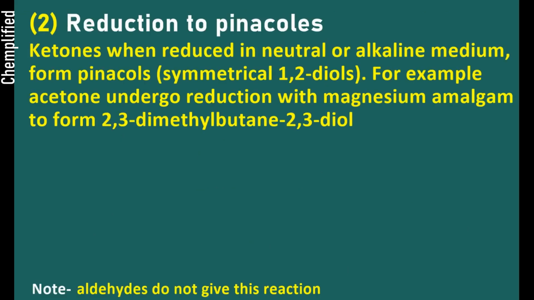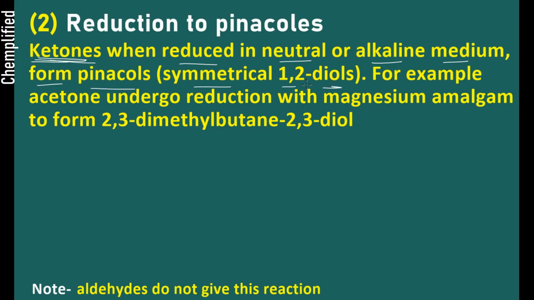Now let's move. Our second reduction reaction is reduction to pinacols. Ketones, when reduced in neutral or alkaline medium, we are talking about ketones only. We are not talking about aldehydes. Ketones, when reduced in neutral or alkaline medium, form pinacols. What are pinacols?